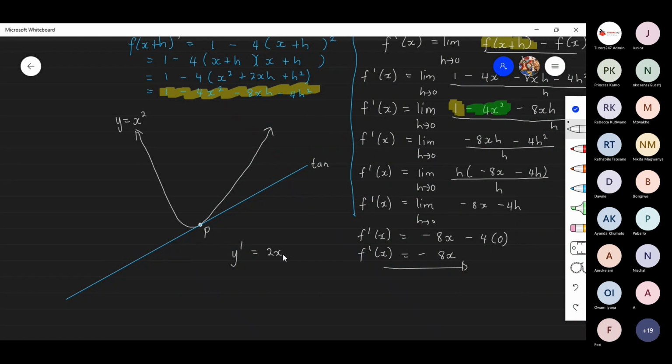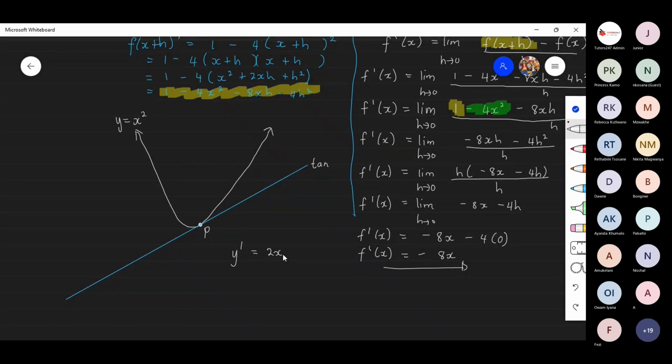The derivative represents the equation of the gradient at that particular point. Because keep in mind that the gradient of a parabolic function is not constant, right? But the gradient of a tangent, because it's a straight line, is constant. So the gradient of your parabolic function will be different at each point.